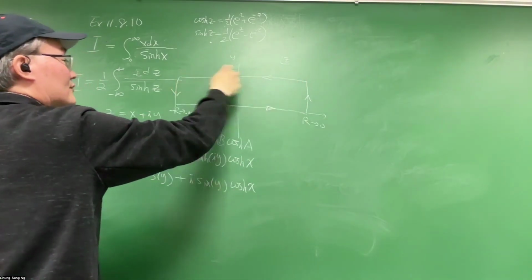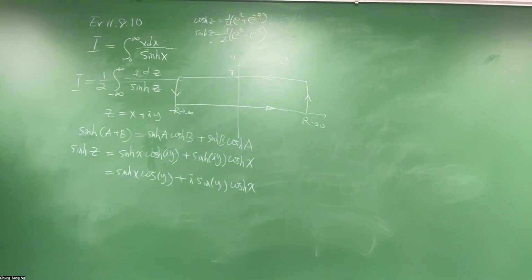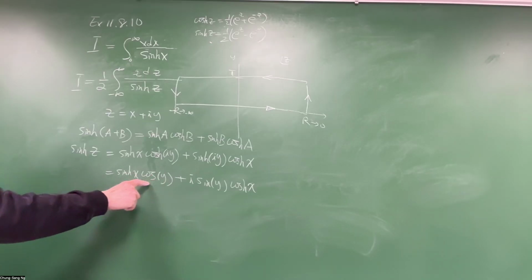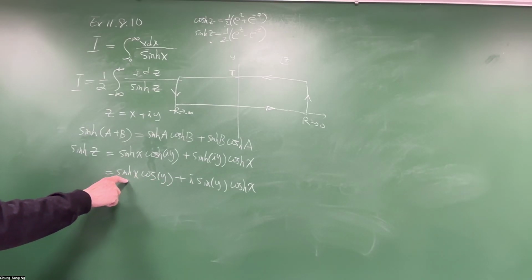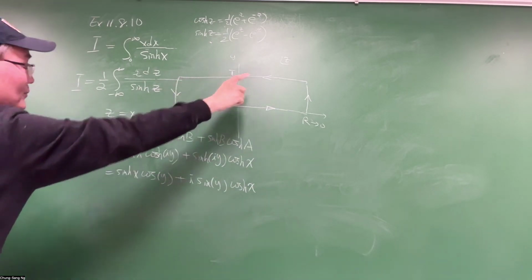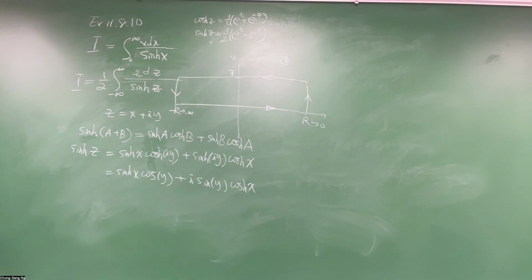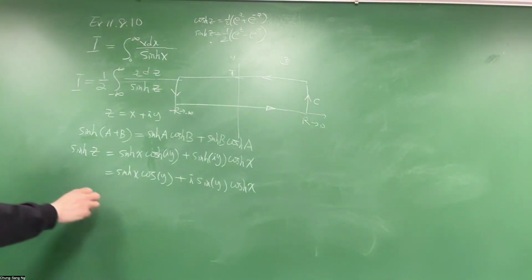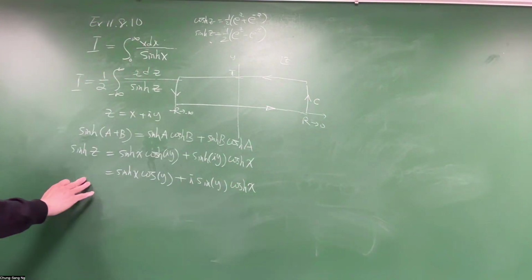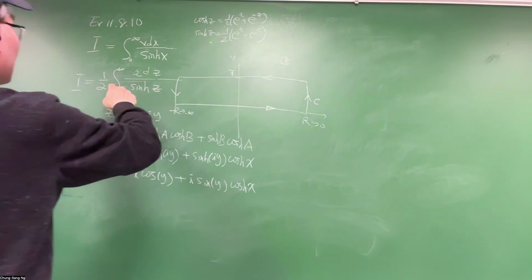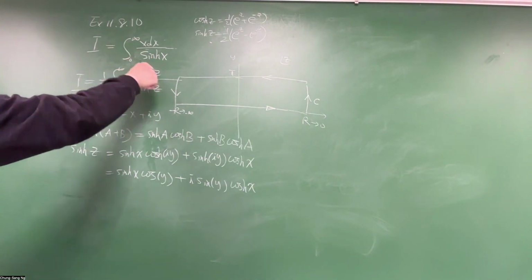The integral backward along y equals pi has cosine of pi equal to -1, and you get exactly the sinh x here, and the imaginary part will be 0 along this path. So now you can write down the residue theorem along this path. Let's consider the original one.